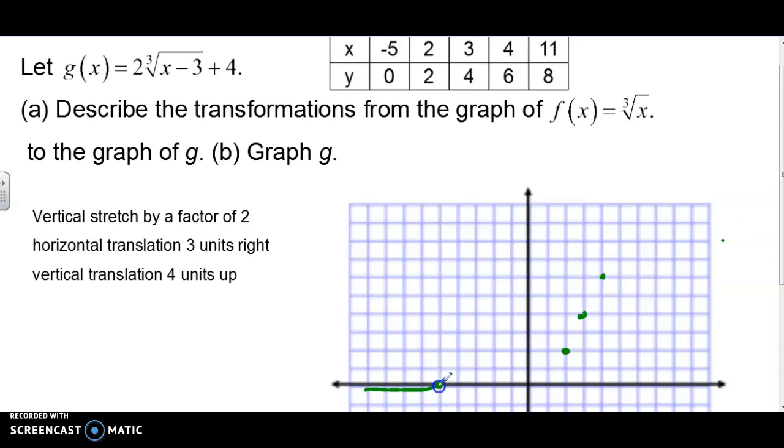And I just draw my line with a nice smooth curve. Alright, so that is the graph of g. Domain and range for all of these, remember, would be all real numbers because the domain is not restricted.